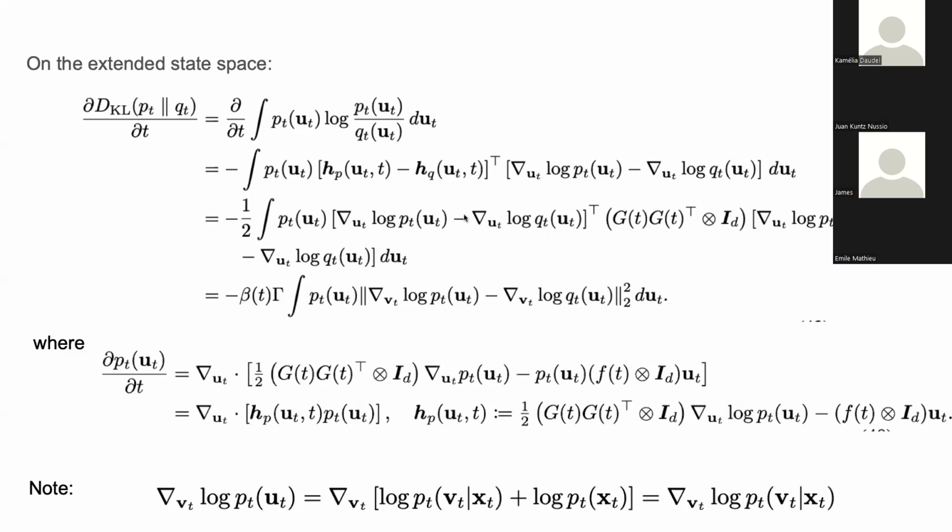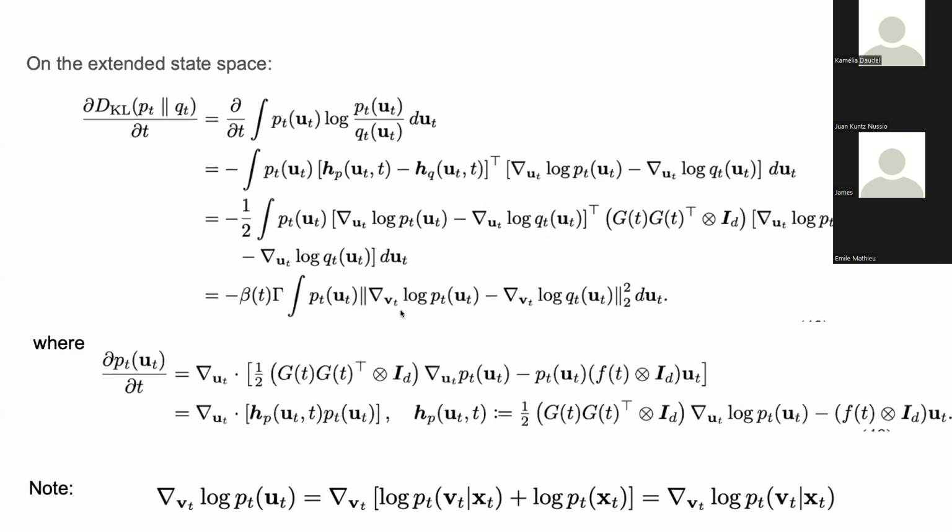Ut is the extended space, right? There's some cancellation essentially, and you don't have any of the gradient terms with respect to the data. It's just the grad of the velocity term involved.